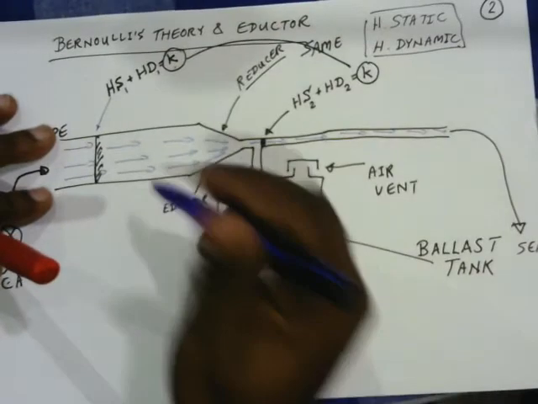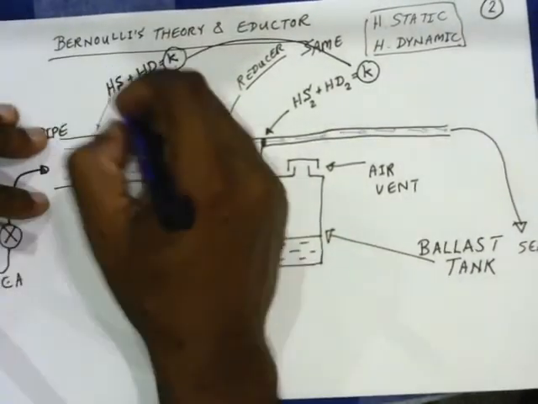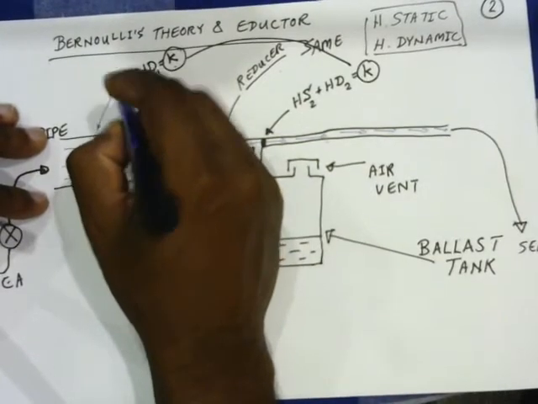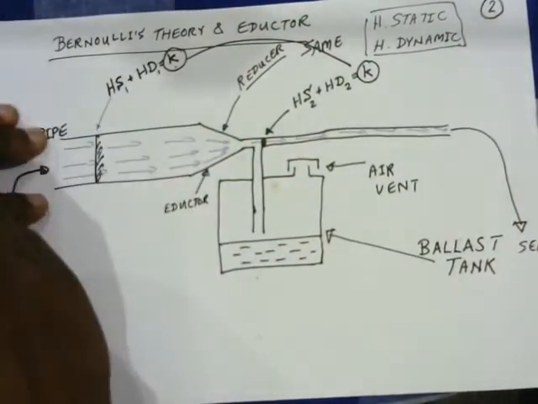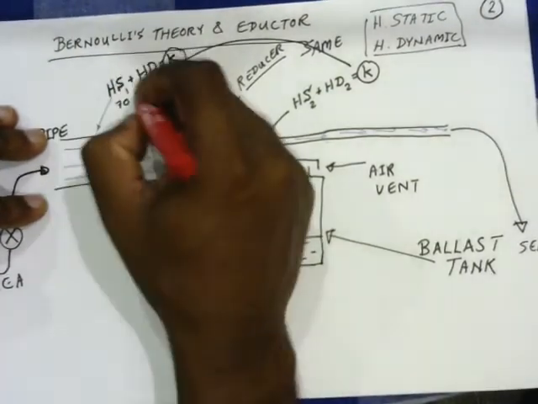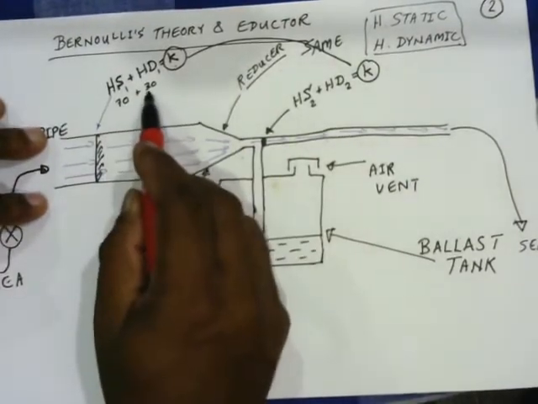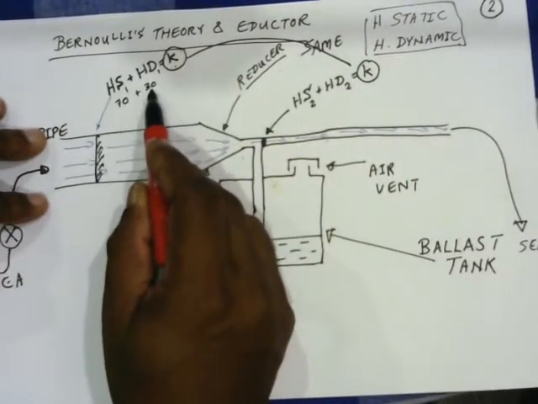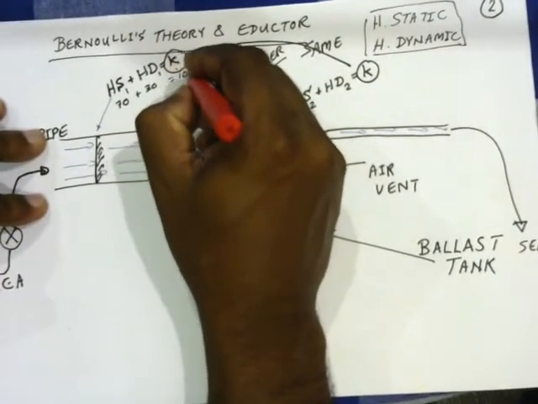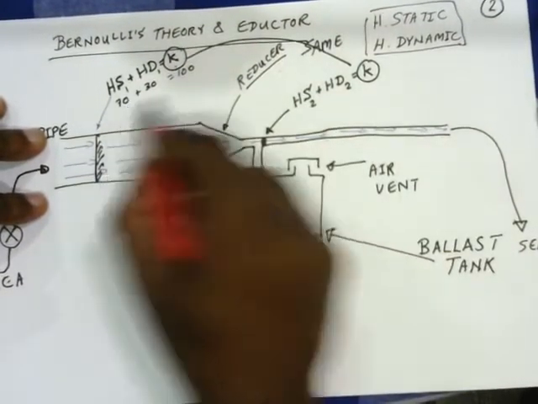Let's assume that the hydrostatic pressure here is, let's say, 70, for example, and this is 30, whatever the unit is, doesn't matter. This is 70 and this is 30 and it equals 100. But that does not mean that here it should be the same 70.